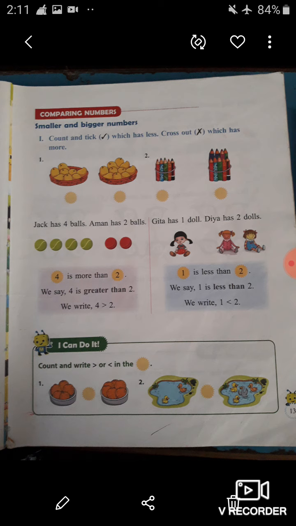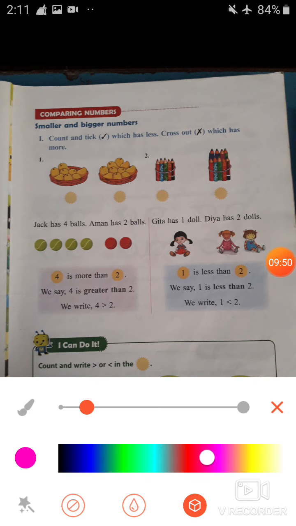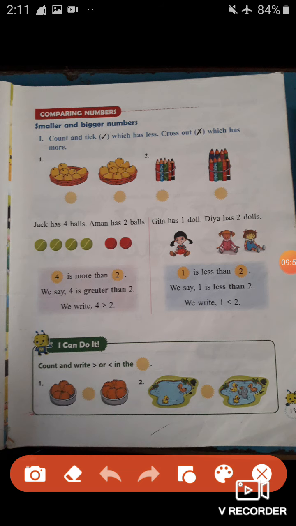Here a short exercise is given. Count and write greater than or less than in the given circle. So students, in the first you have to count how many oranges are in the first basket. 1, 2, 3, 4 and 5.